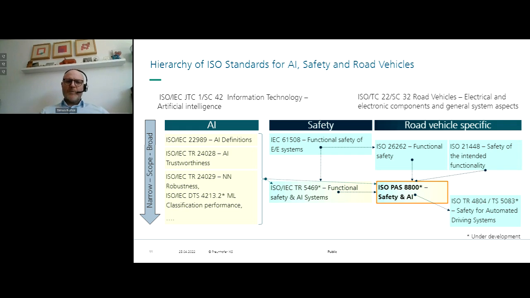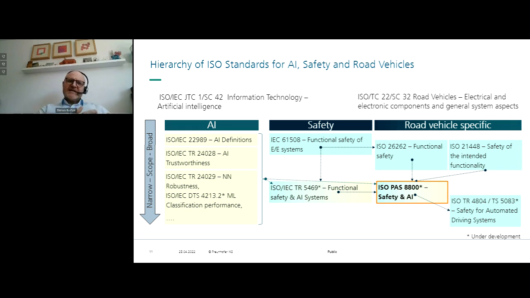This slide is slightly complicated, but almost by design, just to demonstrate the amount of work going on just within the ISO community on developing a family of standards for these types of technologies.